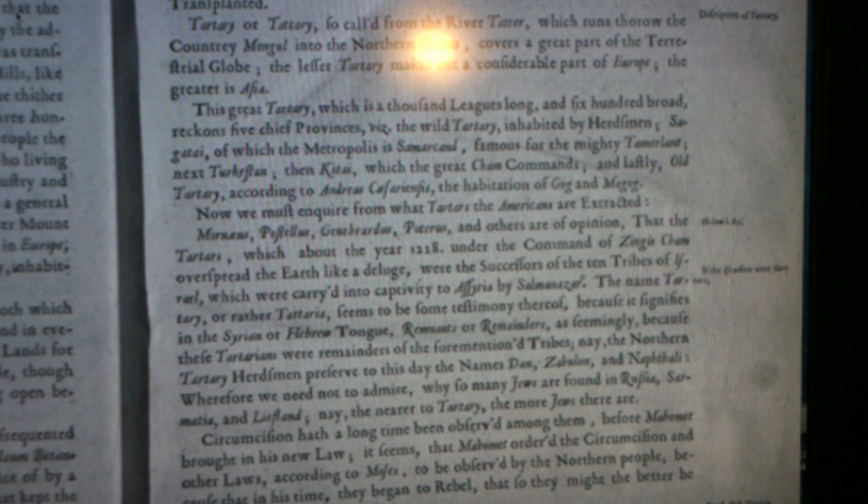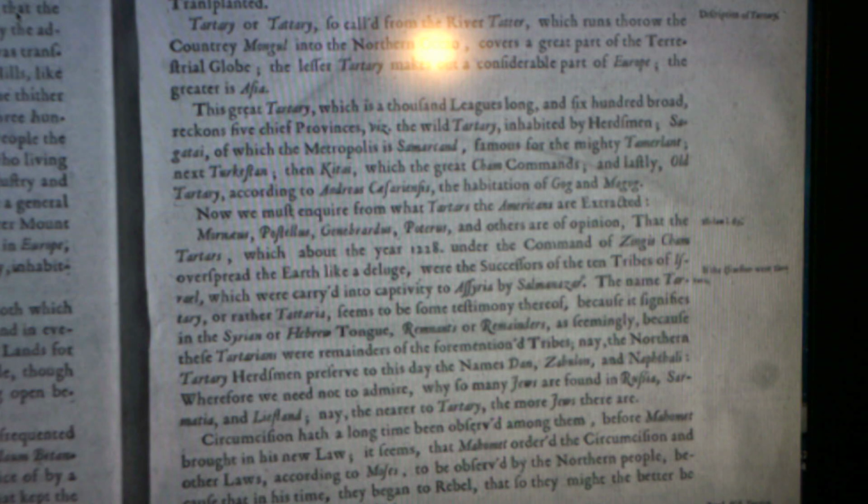Are the opinions that the Tartars, which about the year 1228, under the command of Zingis Khan, overspread the earth like a deluge. They were the successors of the 10 tribes of Israel, which were carried into captivity to Assyria by Shalmaneser.